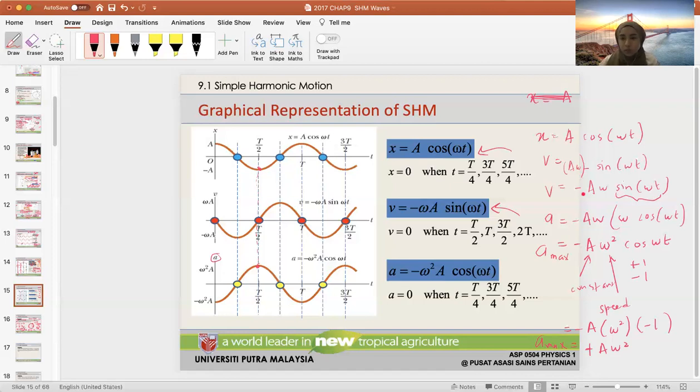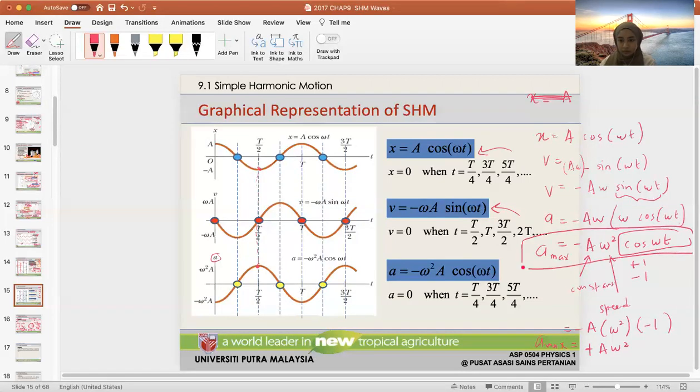So from this equation, maximum tu akan berlaku kalau cosine 1 atau negatif 1 je, untuk equation ni as a whole. Okay, because cosine can fluctuate from negative 1 to 1, right?